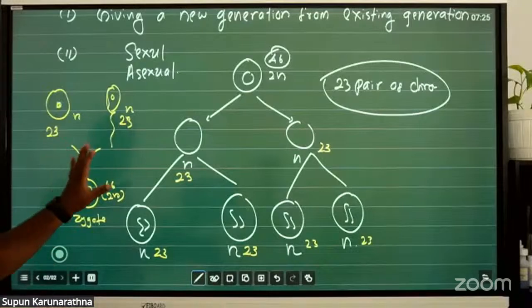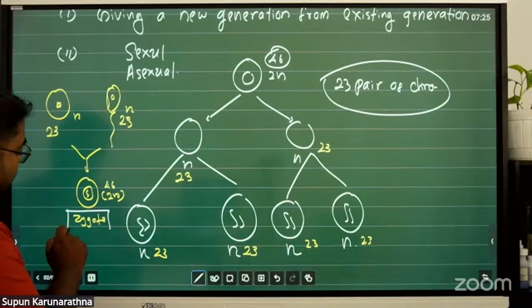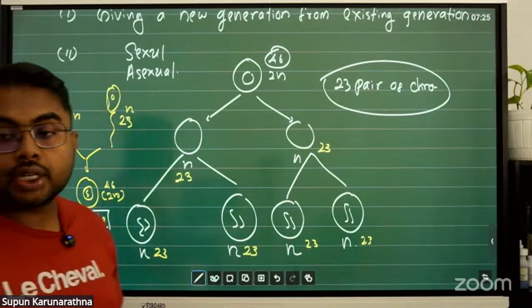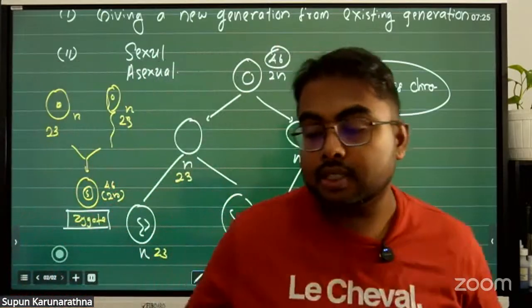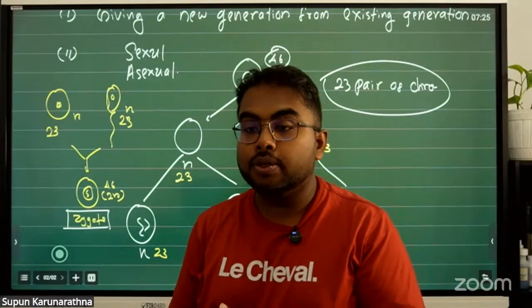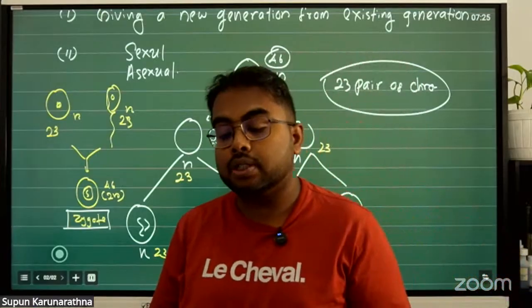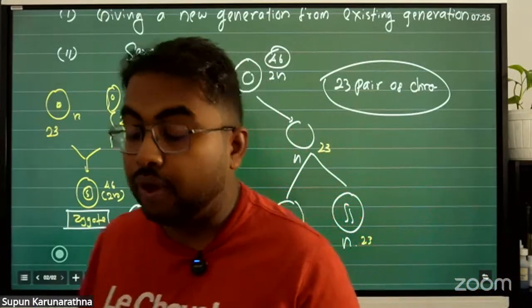So that is the importance. To maintain the constant number of chromosomes from generation to generation, this cell division process, meiosis, is important. It is also important for evolution. The correct statement is not to produce new generation, but to produce new variation.